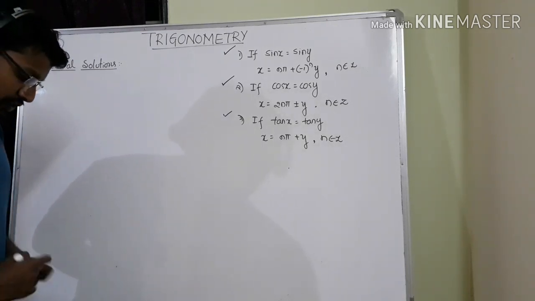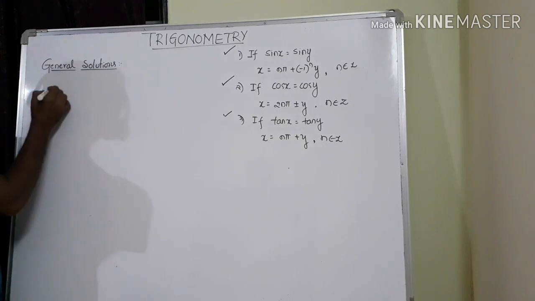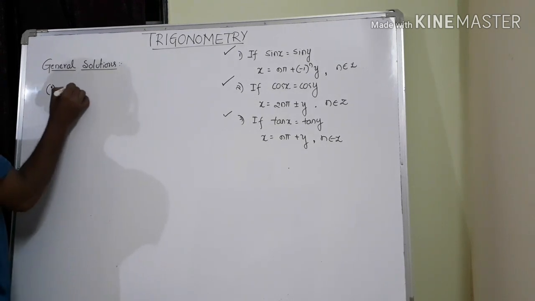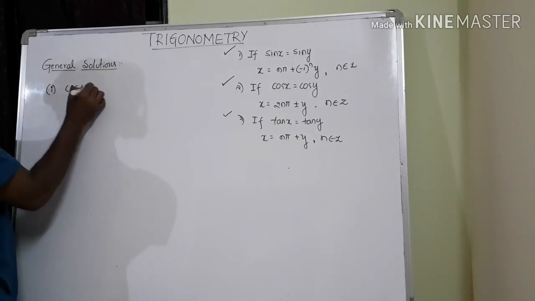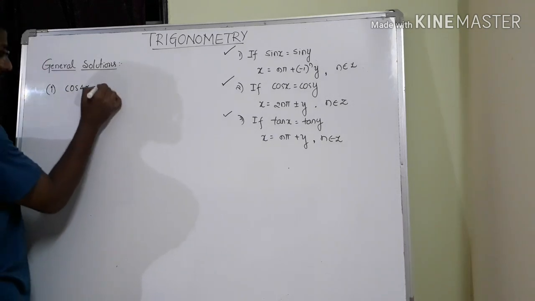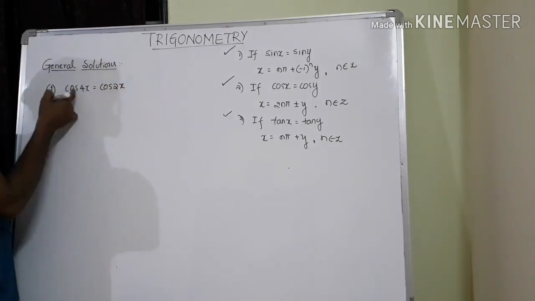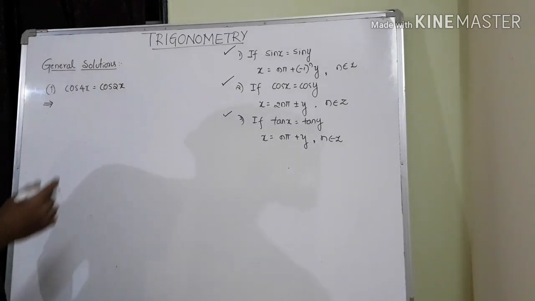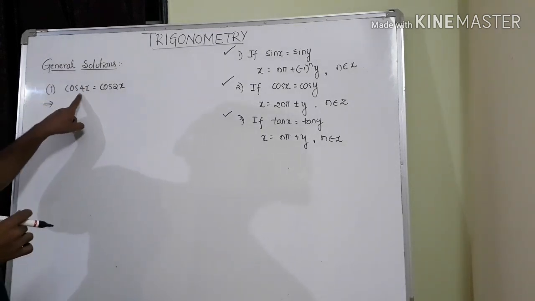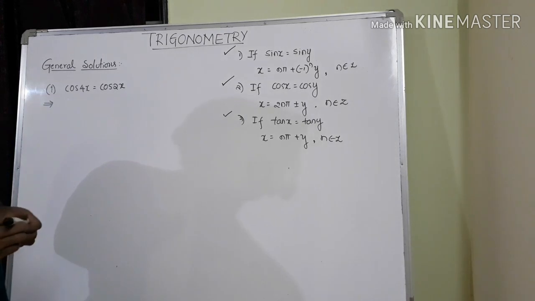So let's take the first question. The first question says, find the general solutions of the equation cos 4x is equal to cos 2x. If I see the question and I see the formulas, definitely this particular question will fit into the second formula.